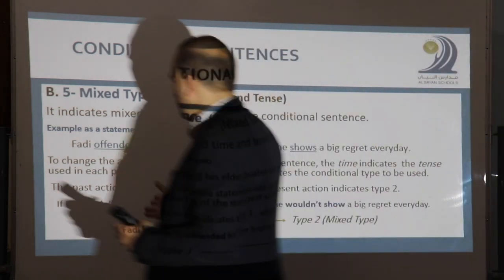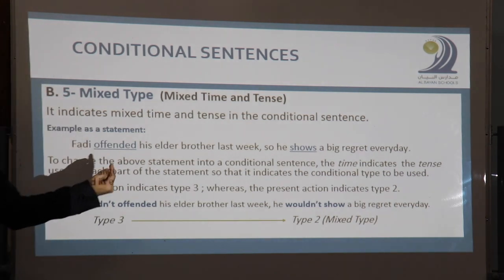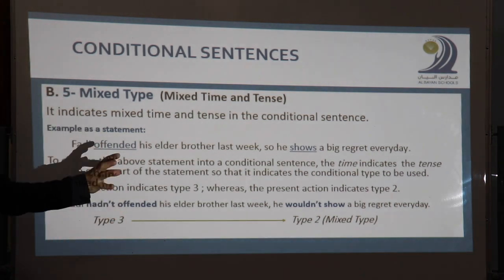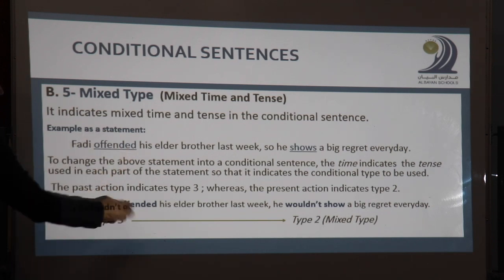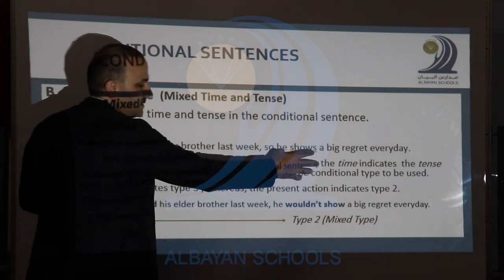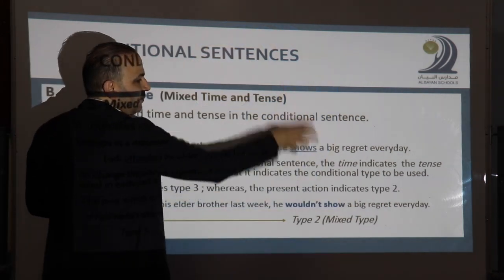Okay? So here, Fadi offended, if he hadn't, we agreed that it has become an untrue past action. If he hadn't, past perfect, positive, negative, okay? Here he shows unreal present.